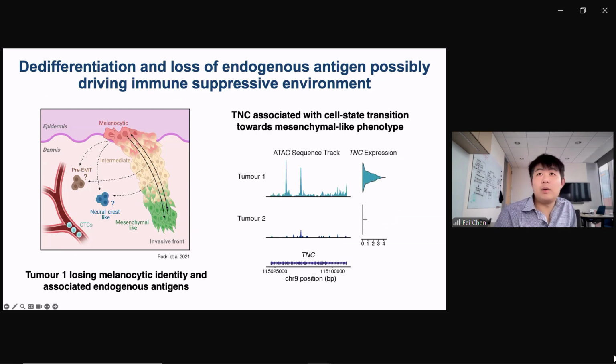We performed joint ATAC and RNA sequencing on this sample, and you can see TNC, a previously identified marker of this state transition, has broad chromatin accessibility as well as broad expression in the tumor 1 subclone.